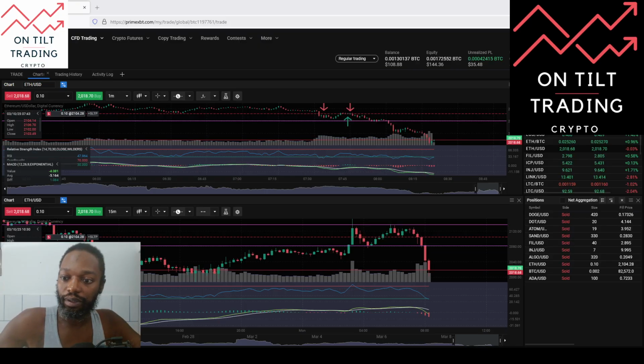As we're trading here into the US Open, we'll break down the 1 minute chart. Here in the 1 minute, we've got an elevated volume profile. We've got price action. The relative strength index is in an oversold position here, and we've got the MACD. We've got momentum for the sellers here.